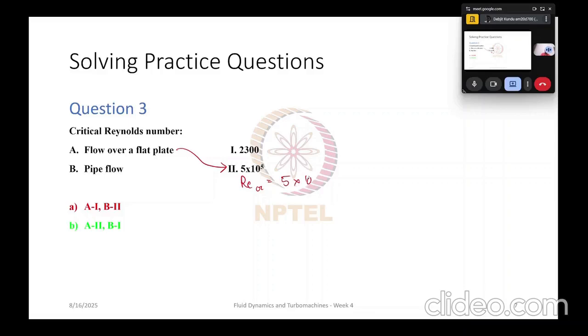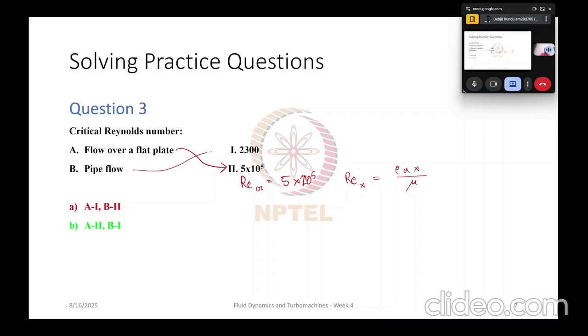That's quite a high number, but we have to keep in mind the way in which Reynolds number is determined in this case, Rex being rho u x along the streamwise direction divided by viscosity mu.